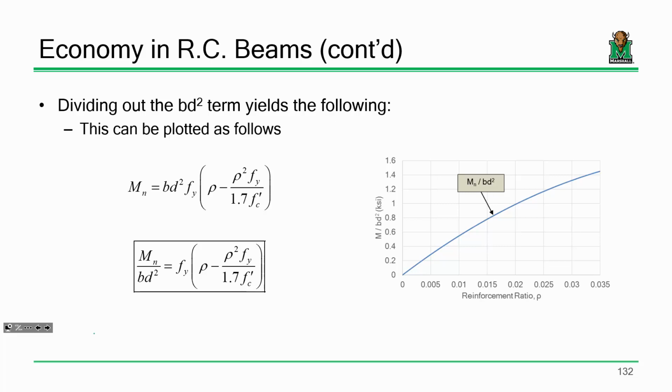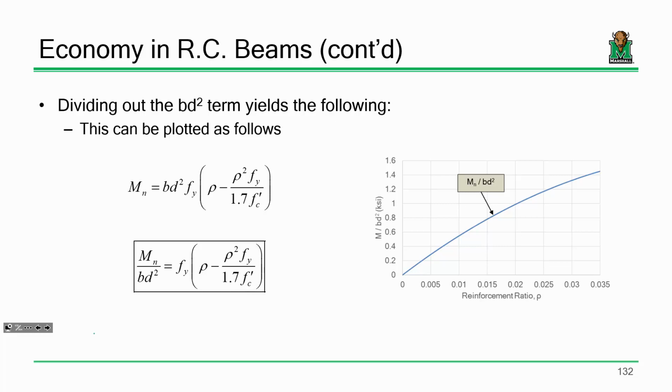So if I divide that over, see how I've got this? This term here, Mn over b d squared, is a nominal expression of capacity. It's a measure, if you will, of the effectiveness of that beam.